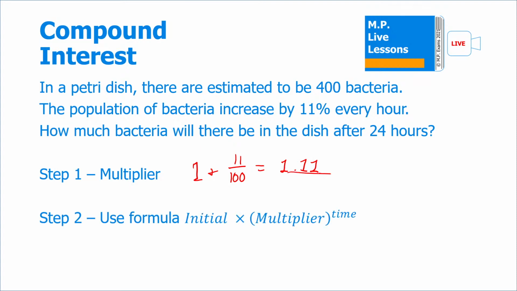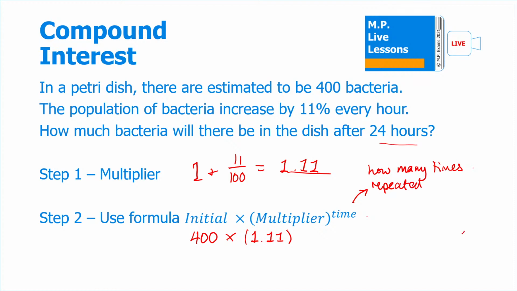Then we use the formula for compound interest, so we have our initial amount. So that's 400 bacteria multiplied by the multiplier in brackets. And this is to the power of time, so time is how many times it's repeated. In this case, it's every hour, and then that's for a total of 24 hours. So that'll be to the power of 24.